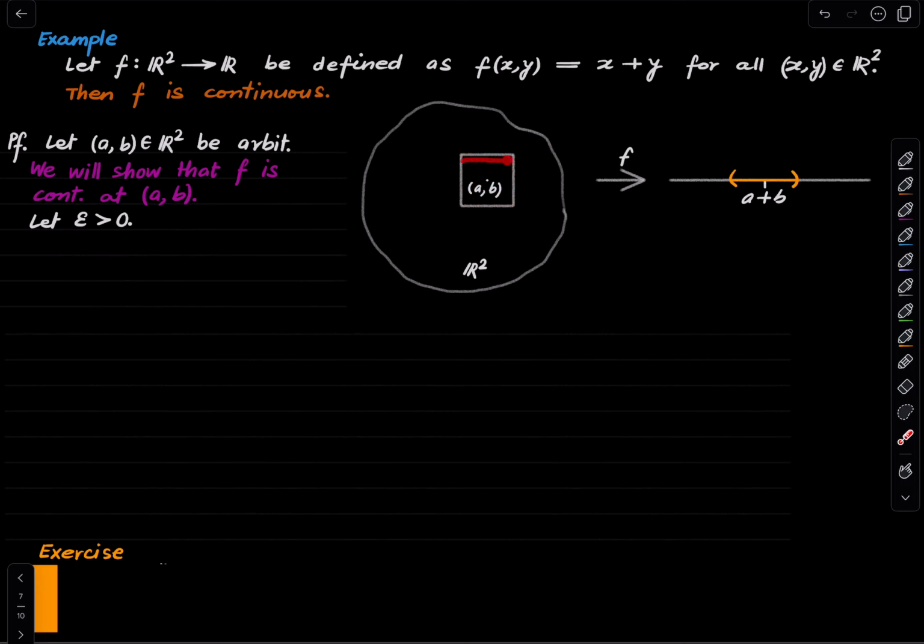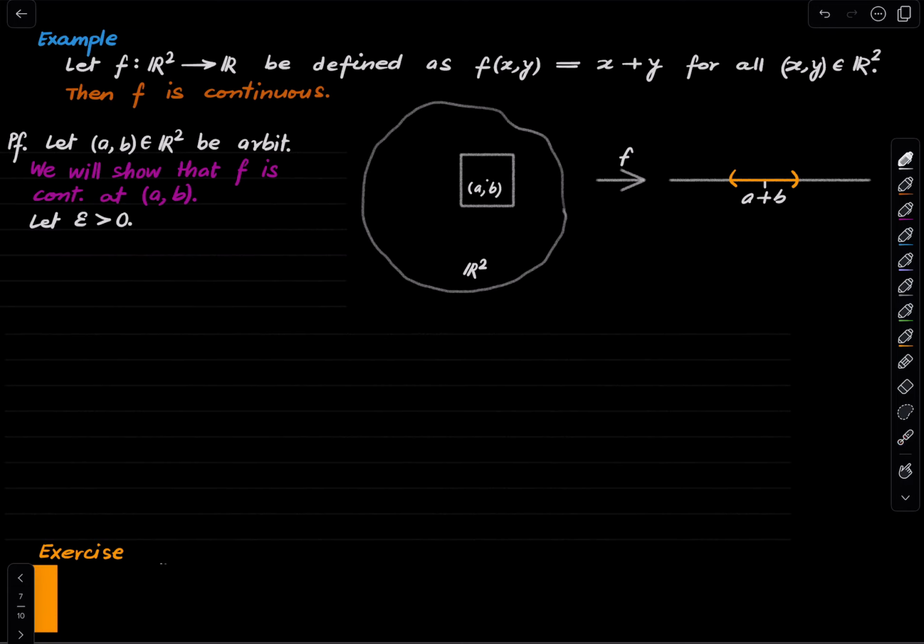So here we want to produce a positive delta such that the infinity ball of radius delta maps inside this orange region under the function f. So without even writing, I'm just verbally mentioning that we are working with the infinity distance.